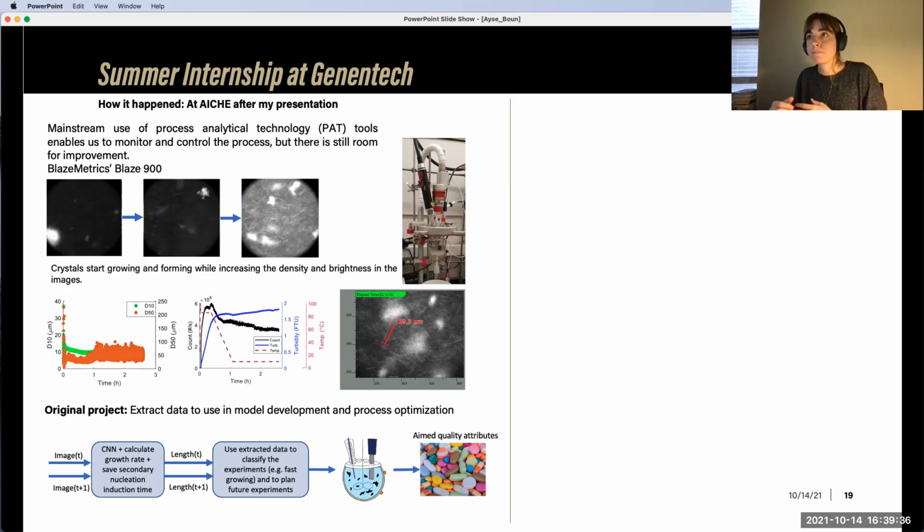And they wanted someone to basically use this image data and give them more accurate size information. Originally my project was about that, and then using that size information to build a model, like I showed you, to do some process optimization.